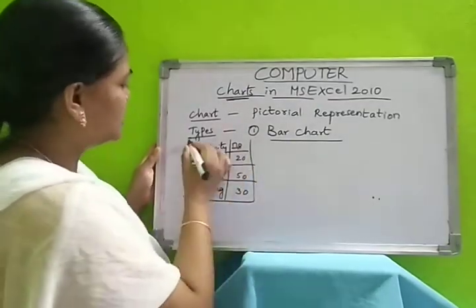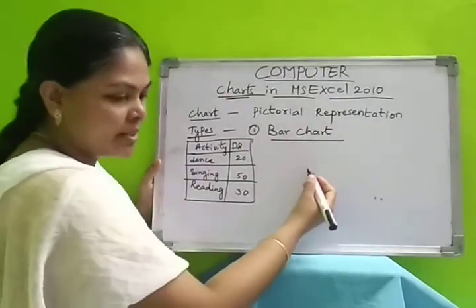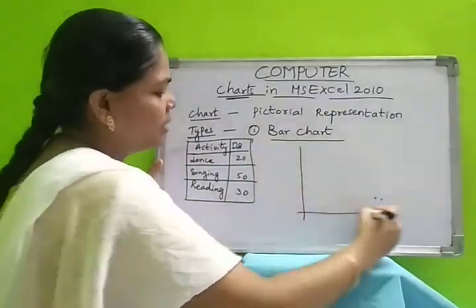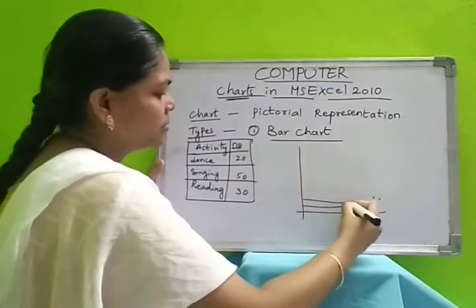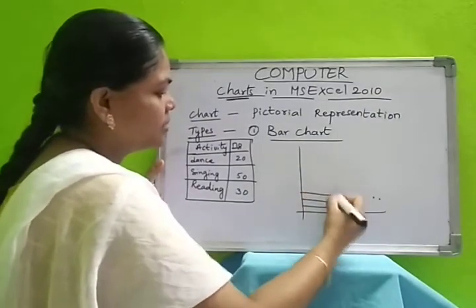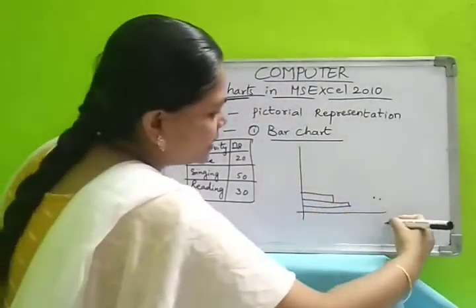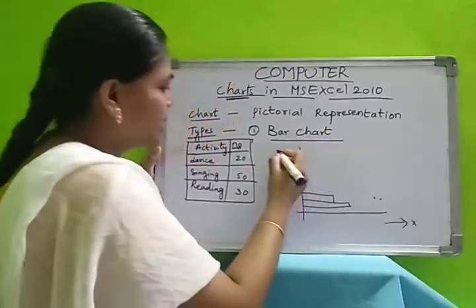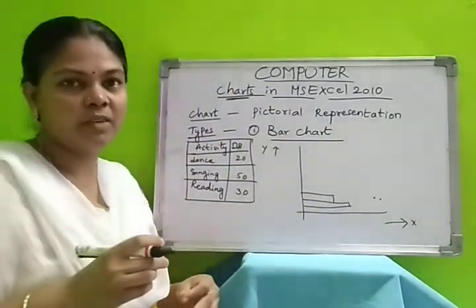For this table we will insert the chart. In the bar chart, it is displayed like this, with these bars. Horizontal bars are displayed. This is the x-axis and this is the y-axis. For a graph we have an x-axis and y-axis.